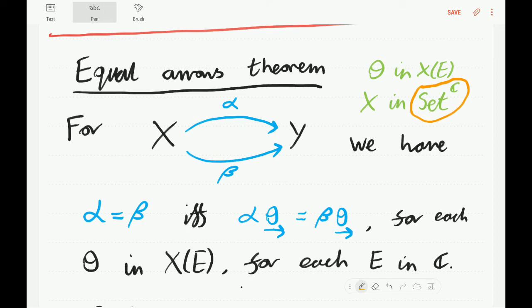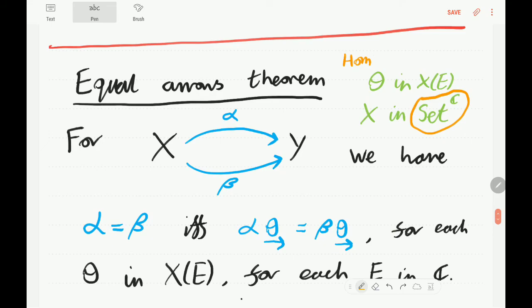Because we don't have to think about the actual elements of x of e. We don't have to think about theta in x of e anymore. We could instead, of course, now we know about the Yoneda lemma, think about the arrow corresponding to that, which is going to be this arrow from Hom e comma blank to x that we call theta under arrow.